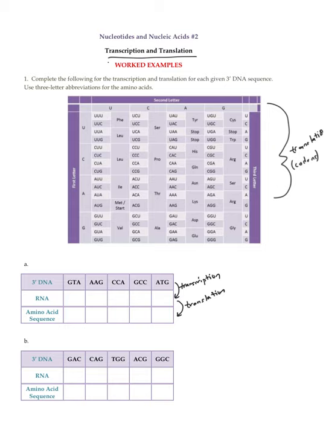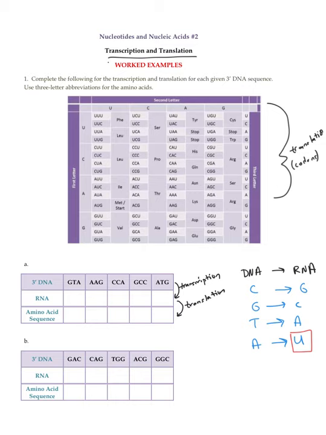And so remember, for transcription, when you're going from DNA to RNA, a C becomes a G, a G becomes a C, a T becomes an A, and an A becomes a U. That's one of the easiest ways to recognize a DNA strand from an RNA strand: the presence of a U will let you know that it's RNA.